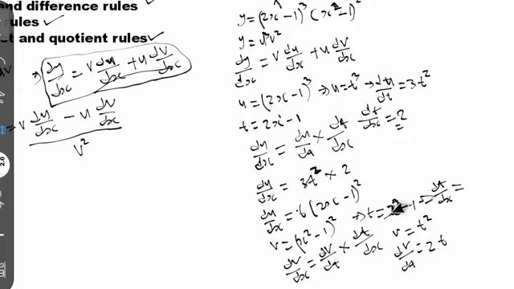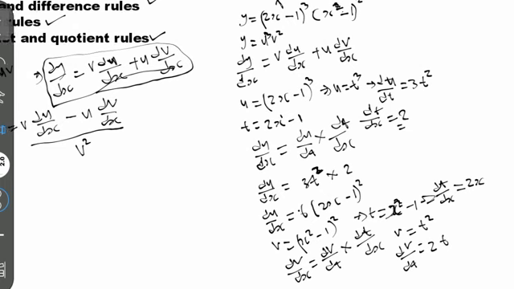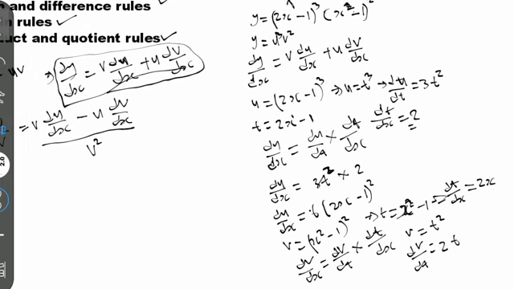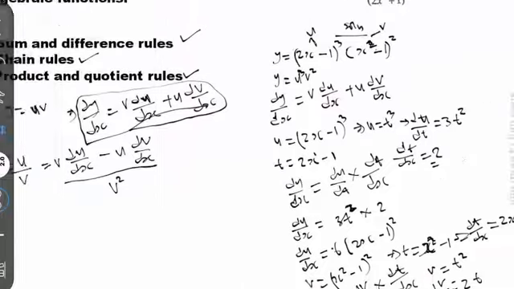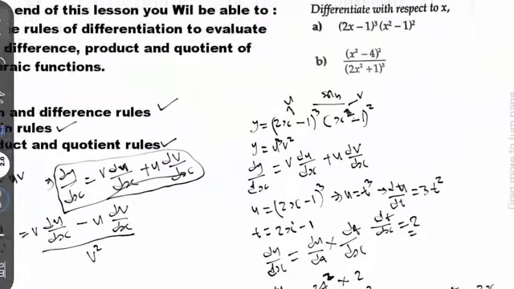Now let's do the one that has s. The power here is multiplied by the base, that is 2, and we subtract 1 from the power, so s is to the power of 1, that is 2s. Now let's put it into what we have here, and then we find dv/ds. Let's put it there. Sorry, there's not enough space.